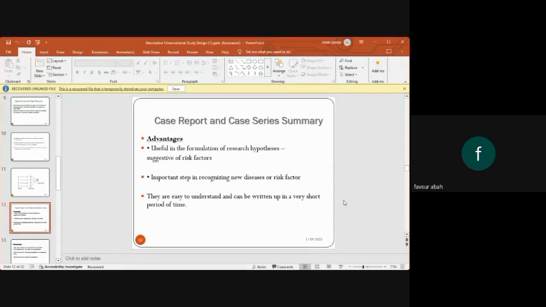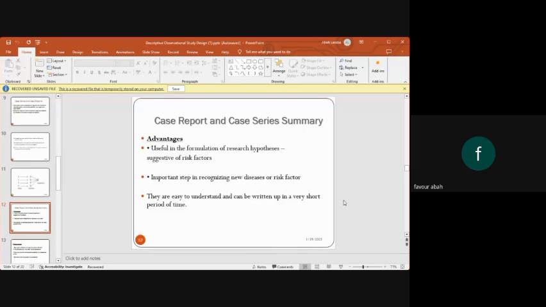You begin to see, okay, maybe these patients have been exposed to alcohol or smoking or some certain risk factors. You begin to see similarities in them, and you can now write your hypothesis, which you test using other types of research design.